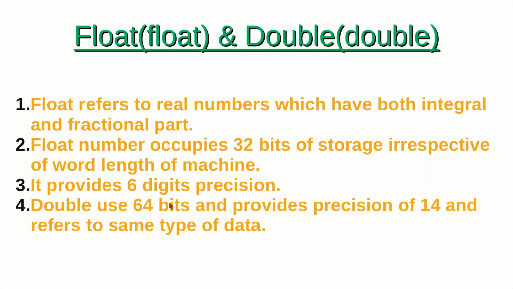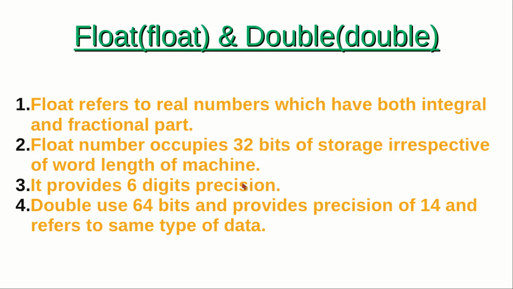The keyword used for float is float itself, but in lowercase. All real numbers, which consist of both integer and fractional part, are stored in 32 bits, irrespective of the word length of the machine, with 6 digits of precision.